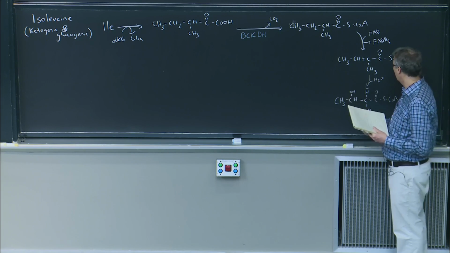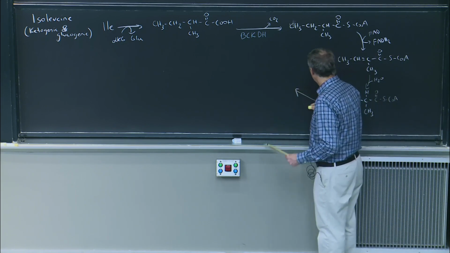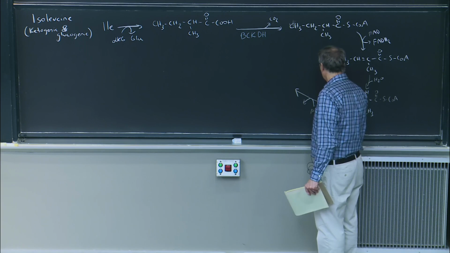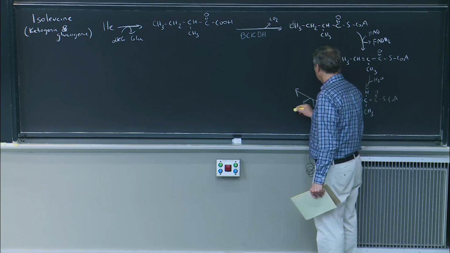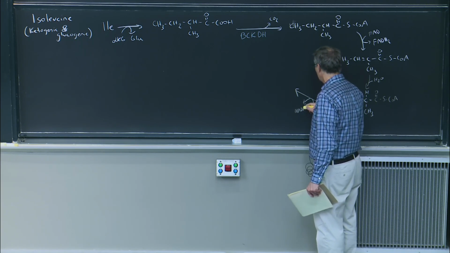All right, now oxidize this alcohol to the ketone. Electrons go to NAD+, which is reduced to NADH.